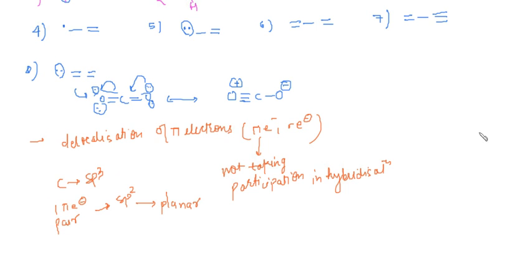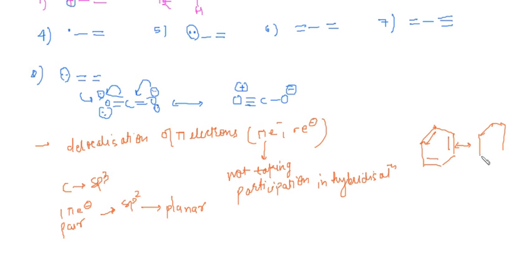Now if we take the example of benzene, everywhere there is resonance. All are conjugated structures. If we take its canonical structure, its resonating structure, all are sp2 hybridized carbons. All sp2 means the atoms must be planar.